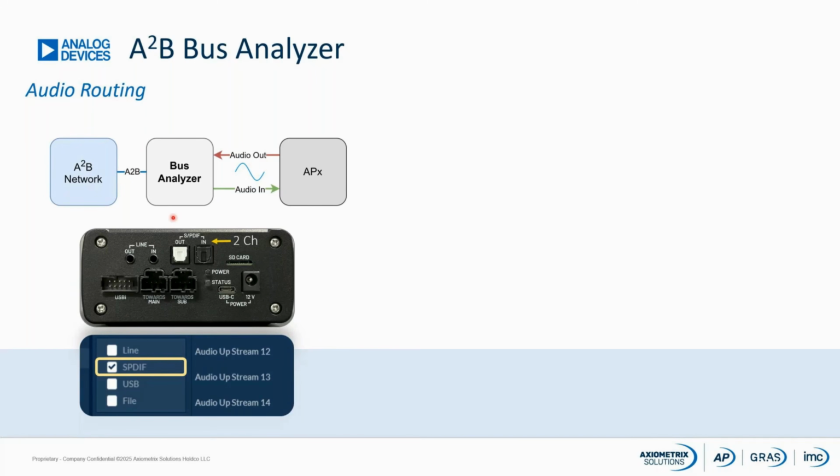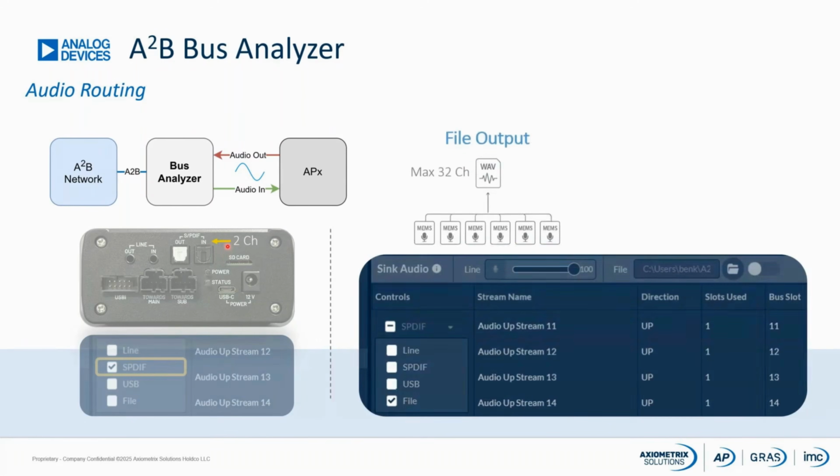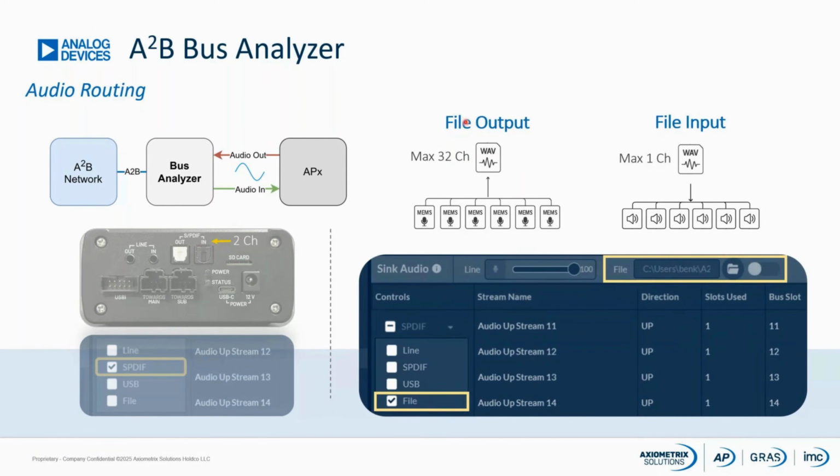Interfaces on the analyzer include this two-channel SPDIF interface via the Toslink connectors, as well as the file input capabilities of the bus analyzer software. So that allows you to stream audio to or from the network using a WAV file. So for example, using file output, you can simultaneously record up to 32 microphones to a WAV file for analysis in AP.